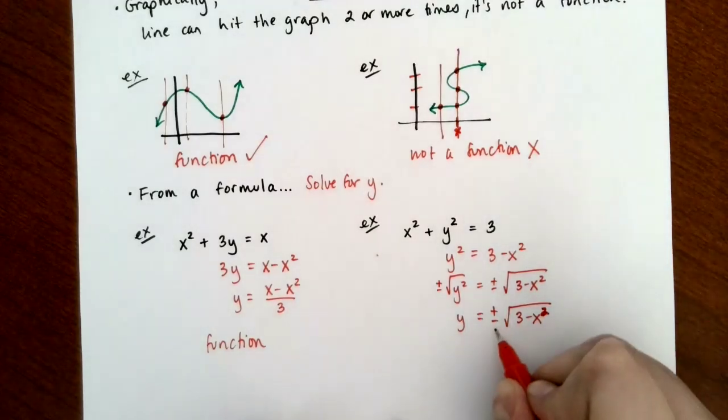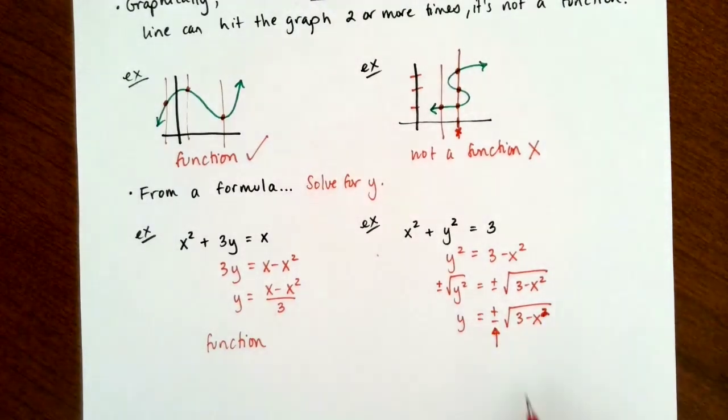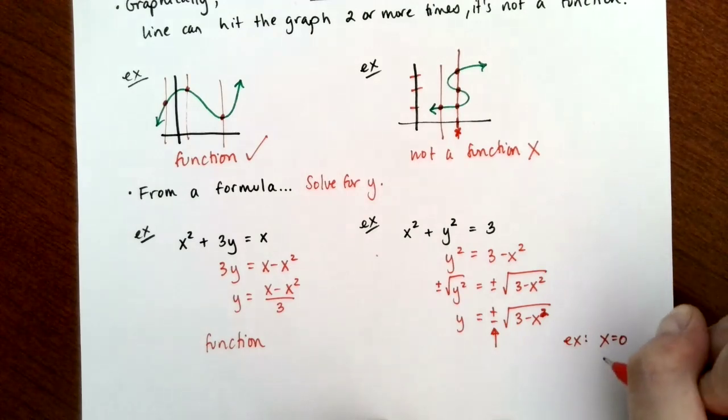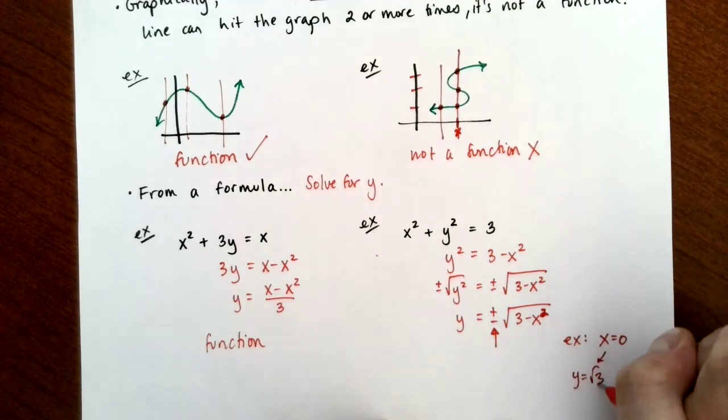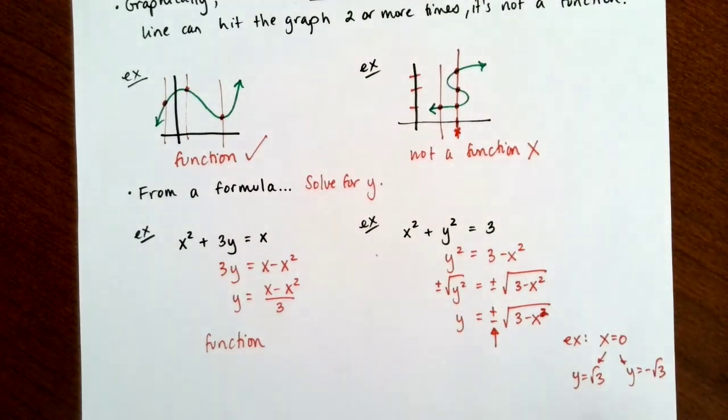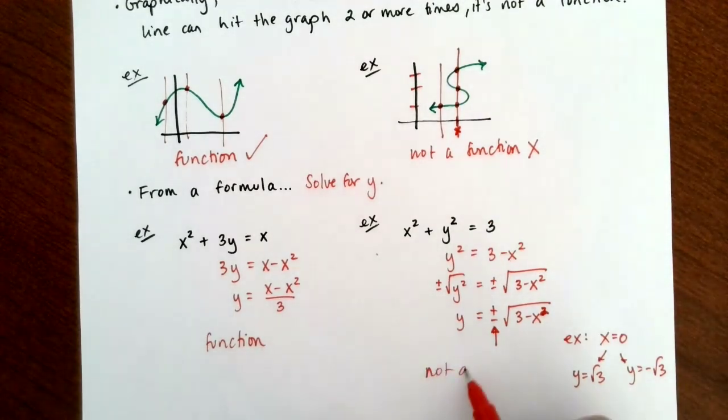And this plus or minus is the dead giveaway, right? So if I plug in a value for x, let's even say 0, then I'll get 3 minus 0 under the root, but I'll get positive root 3 and negative root 3. So that's 2 outputs that go with 1 input. So that makes this not a function.